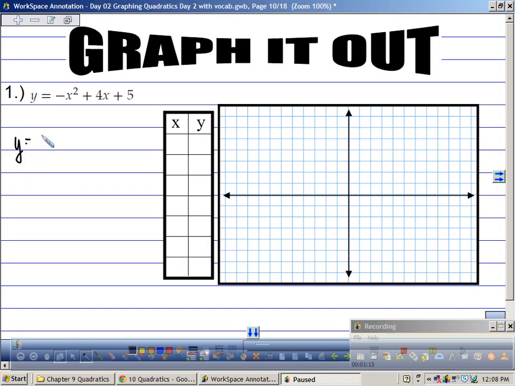So I have y equals negative x squared plus 4 times x plus 5. I want 4 of these. I'm going to leave 2 lines to be able to do some work.